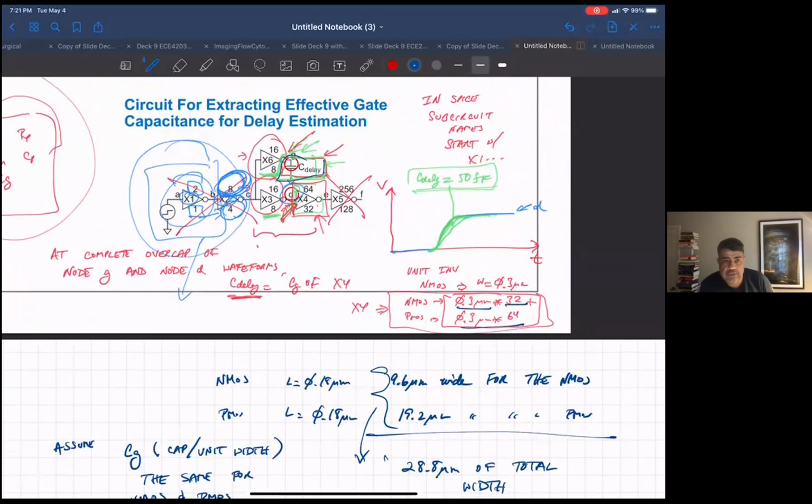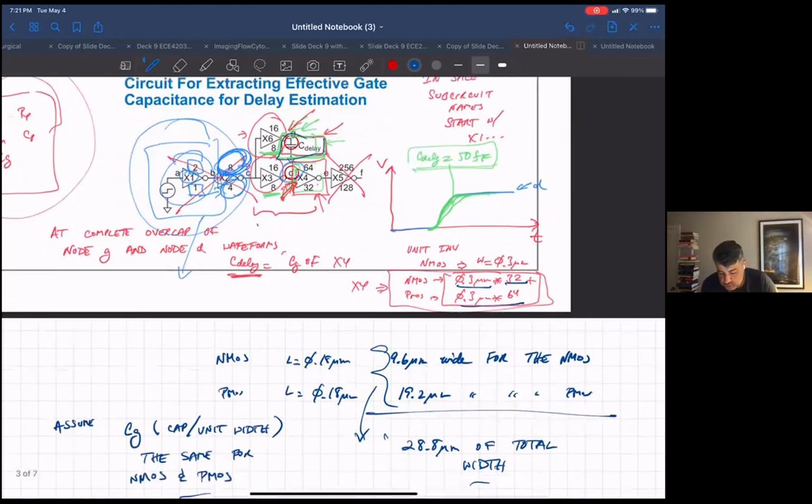But if it's like 5 femtofarads or 500 femtofarads, you're probably off. That's how you should use that book result: to make sure you're in the right ballpark and you don't have some connectivity problem or other weirdness.